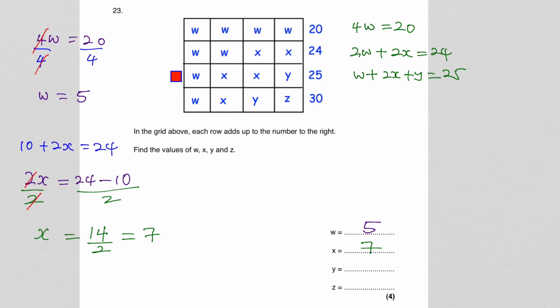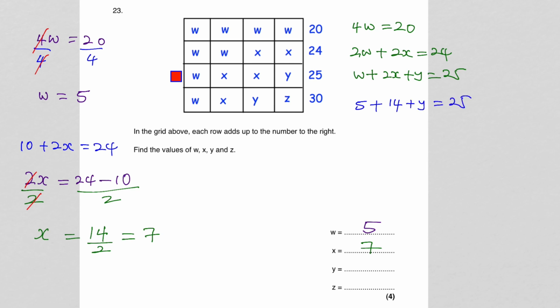Well, I already know what x and w are. So all I need to do is plug in those values here. w is 5, so that'll be 5 plus 2 times x, x is 7. 7 times 2 is 14. So I'm going to have 14 there, plus y equals 25.